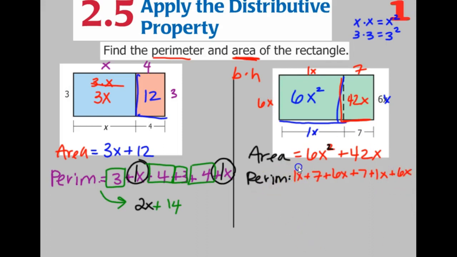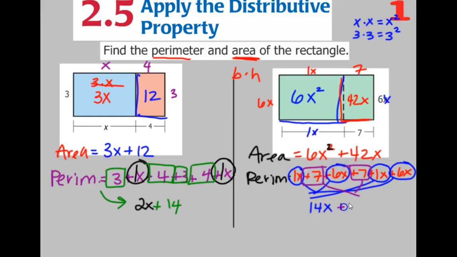So combining our like terms, 1x plus 6 gives us 7, plus 1 more is 8x. 8x plus 6x, combining all of our x's together, should give us 14x. And then last, 7 plus 7 is also 14, but there's no x, it's just 14. So 14x plus 14.